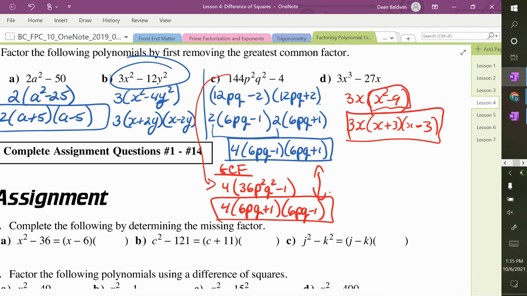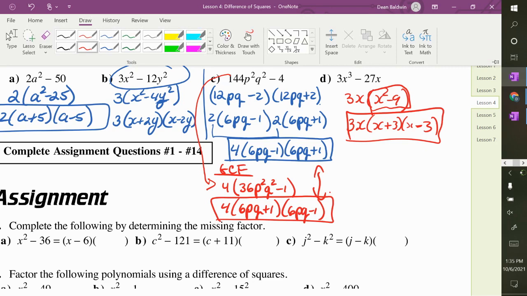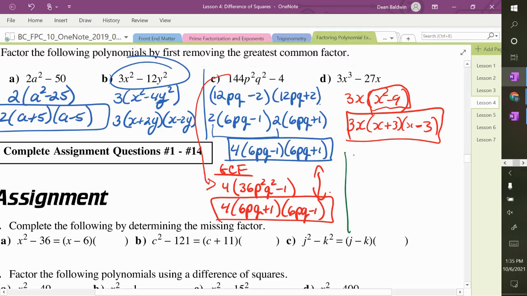I want to do one more example that's not on here, just because. We'll do it right here. What if I gave you x to the power of 4 minus 1? What multiplies to x to the power of 4? x to the power of 2 times x to the power of 2.